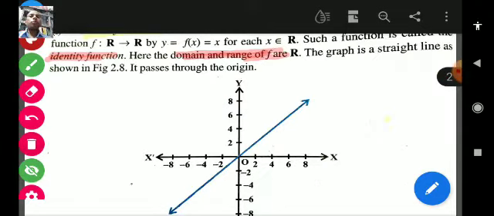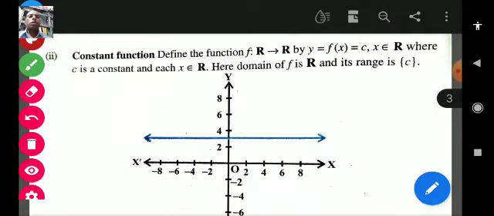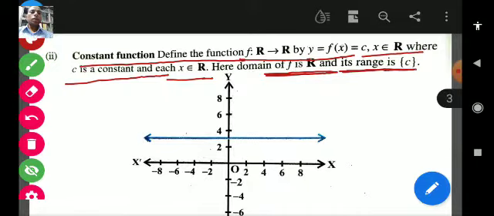Now next is the constant function. Define the function f from real numbers to real numbers by y equal to f of x equal to c, where x belongs to the real number set, where c is a constant and each x belongs to the real numbers. Here the domain of the function f is the real numbers itself, but its range will be only the constant c.